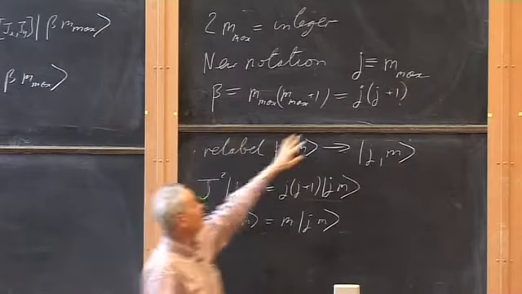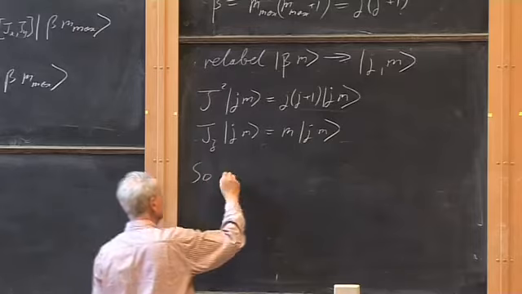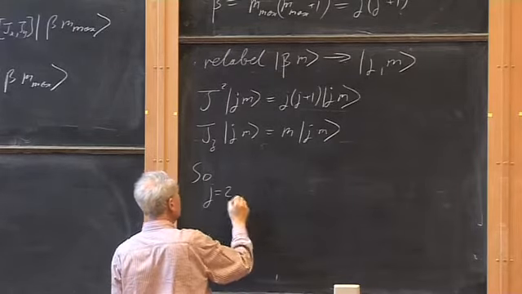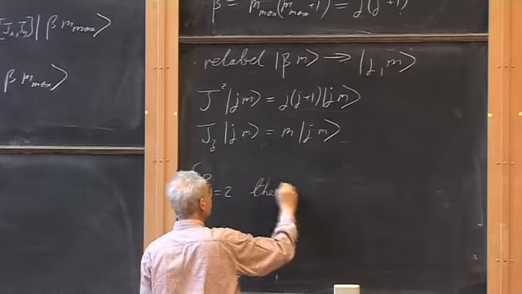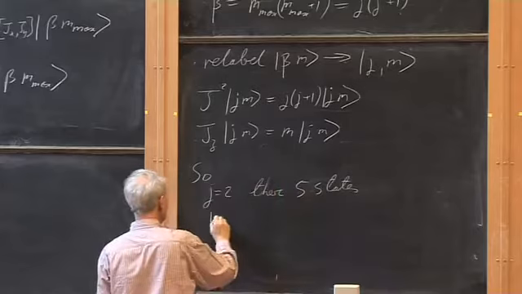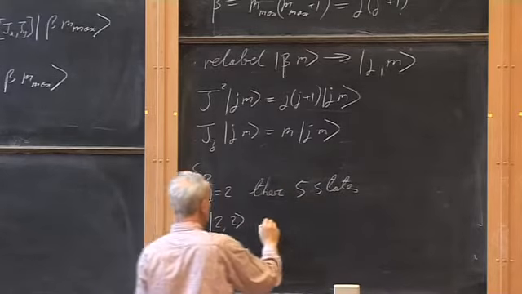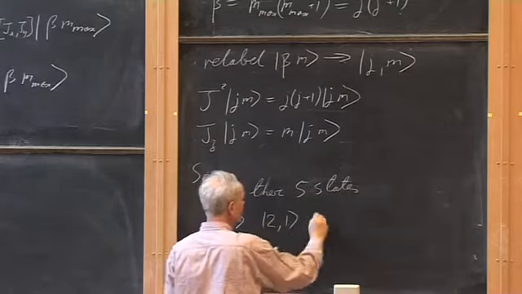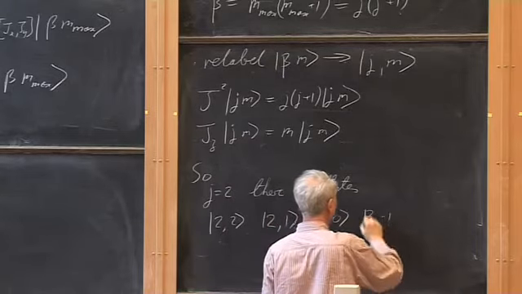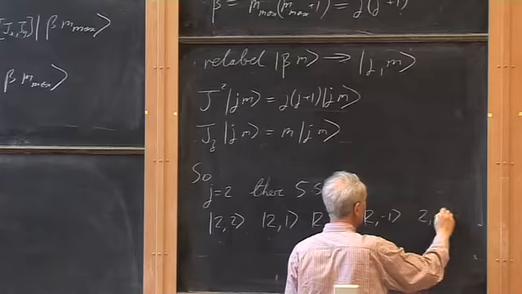So if j equals 2, there are 5 states. There is |2, 2>, |2, 1>, |2, 0>, |2, -1>, and |2, -2>.